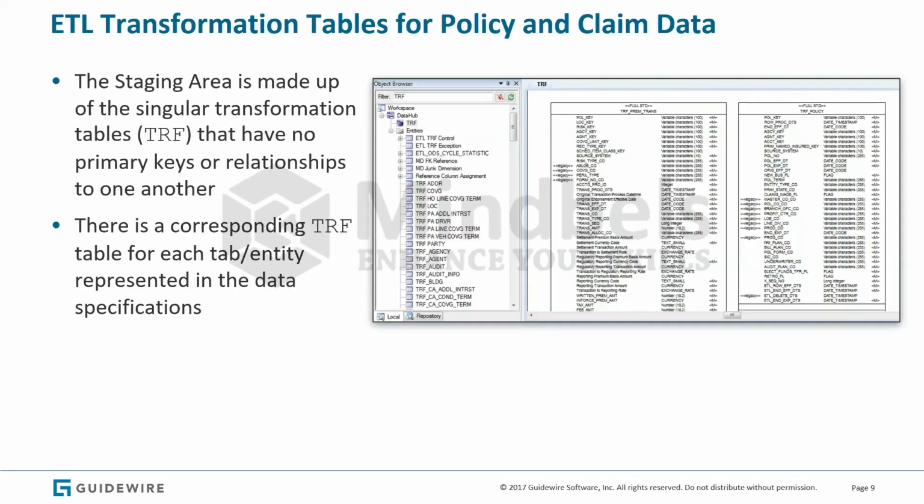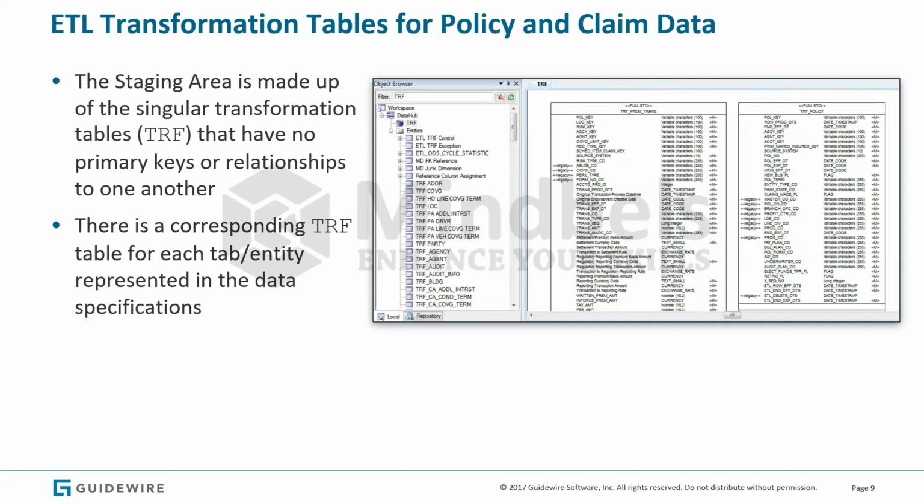Entity refers to, for example, policy, policy line, or premium transaction. Suppose it's a premium transaction for commercial auto, where commercial auto is a line of business, LOB.